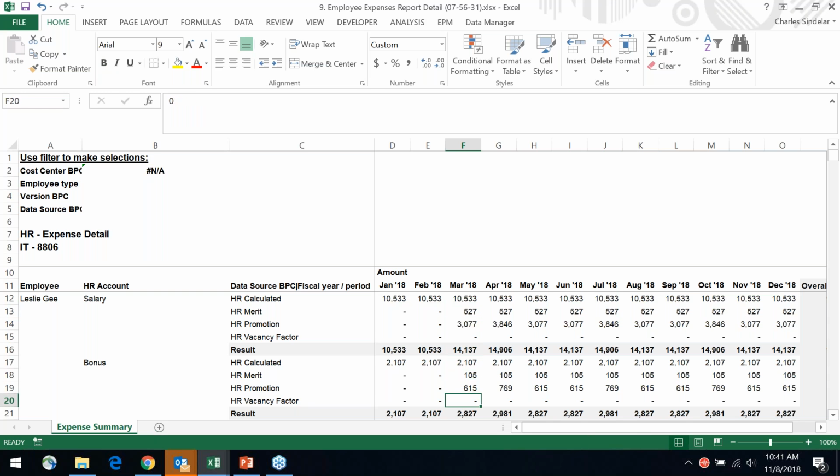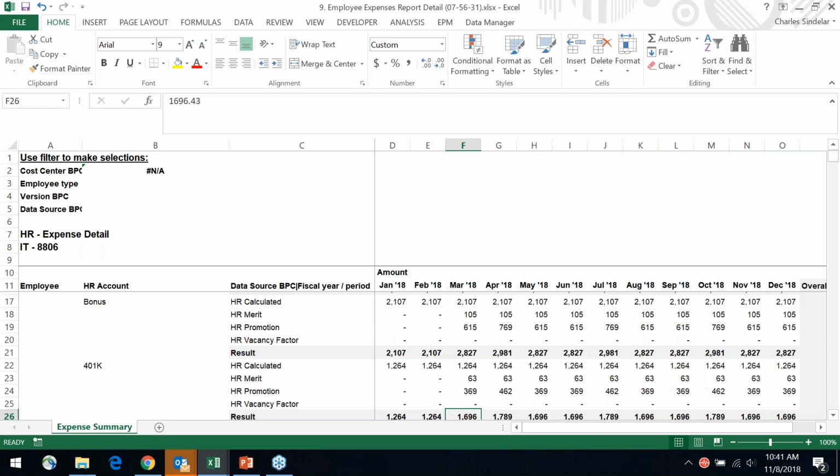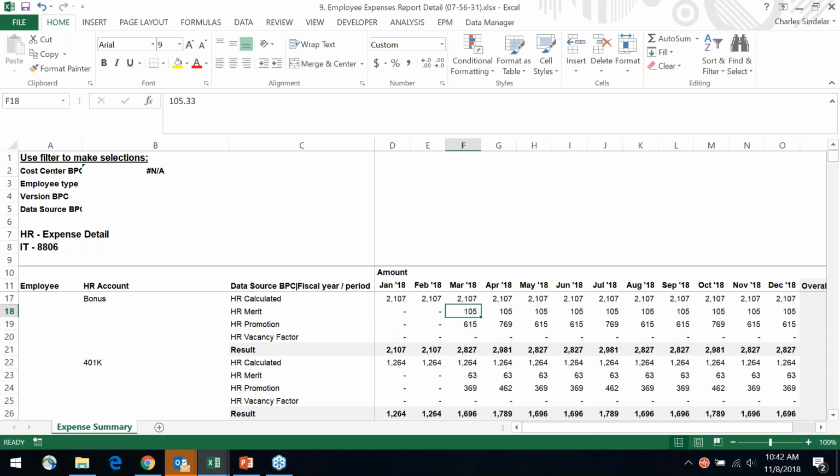So there are several different amounts available to see the individual amounts that make up their total base salary for the month. But a common corporate request is, what was the effect of the average salary increase on the bonus accrual? This is not an easy one to answer, because the average increase company-wide may be 3%, but people have all sorts of different bonus rates.